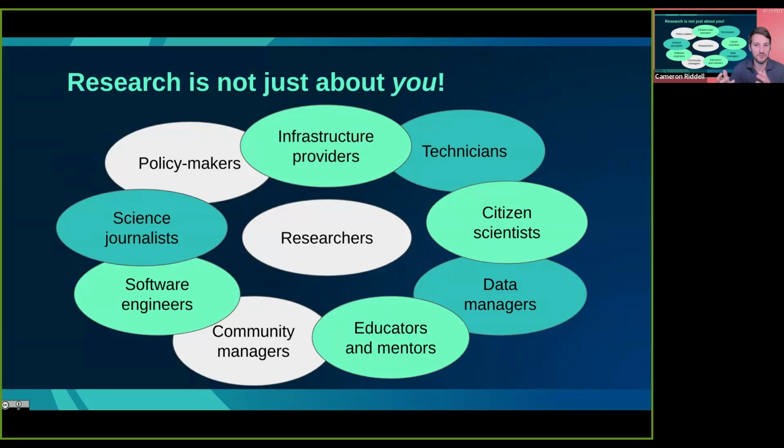And the reason that open science is a constant reminder that research isn't just about us is that open science calls for a new level of transparency. At the very least, we should always be sharing our data and our code. And then on top of that, we should be transparent in our communications, in our writing style, in our approach.